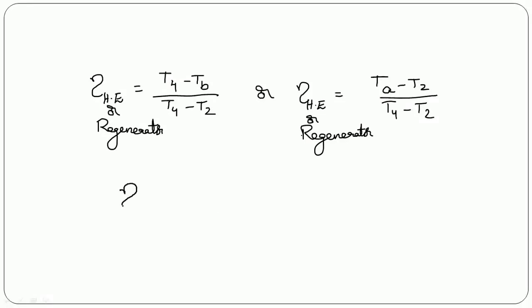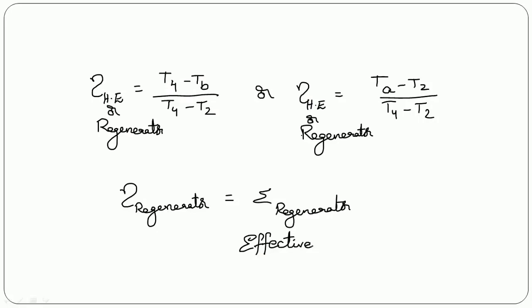This efficiency of the regenerator is also called the effectiveness of the regenerator. Sometimes in the questions they will say effectiveness of the regenerator, which is also called the efficiency of the regenerator. So if they say effectiveness, don't consider that it is some other term. If effectiveness or efficiency of the regenerator is given, then by using that you can determine the TA temperature.